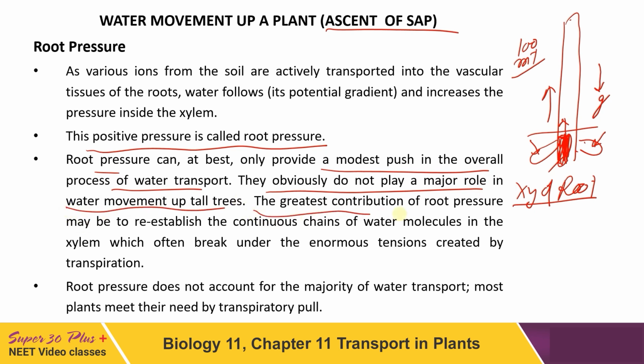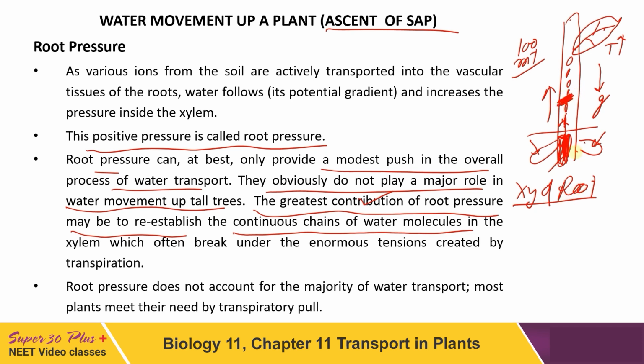The greatest contribution of root pressure, a very important point, is to re-establish a continuous chain of water molecules. What do you mean by this? You see here, from the aerial part of the plant, water is transpired, and we have this chain of water molecules. If sometimes the transpiration rate is very high, then this continuous column of water may be broken.